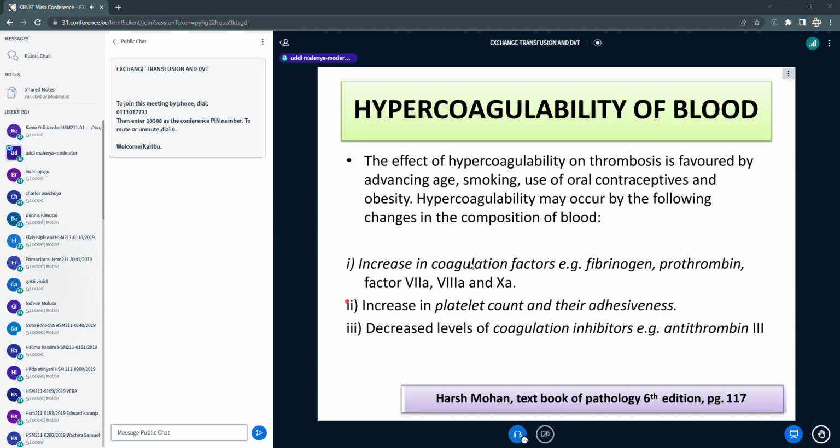The other thing that you need to always remember, especially for patients who present with nephrotic syndrome, is loss of the natural anticoagulant that is known as antithrombin 3.